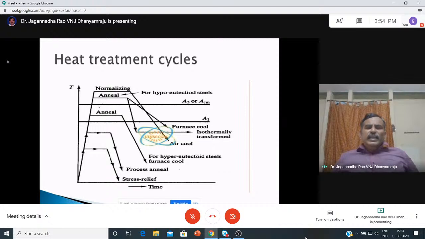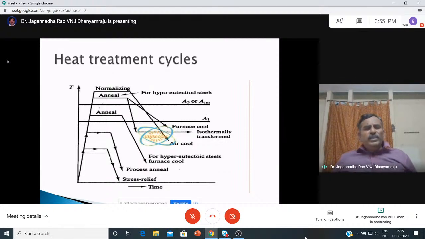And after that, it is furnace cooled. That means after soaking, you shut off the furnace and allow the components to remain within the furnace and cool. That cooling process is very, very slow, and it is called furnace cooling.